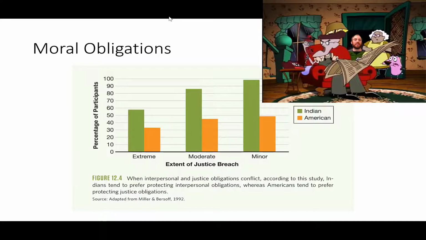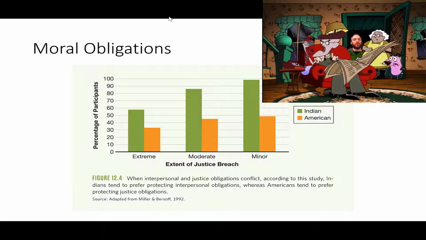This suggests, making the broader point here, that although Kohlberg emphasized those autonomy, those individualistic, those justice-oriented components of morality, other cultures place different moral ethics above the ethic of autonomy, in this case, the ethic of community.